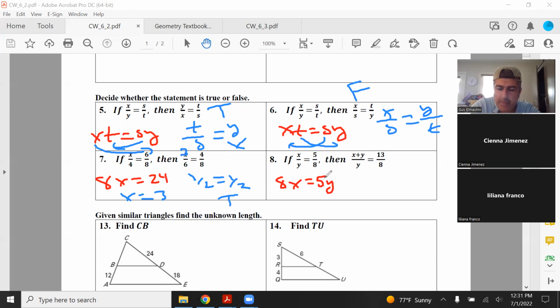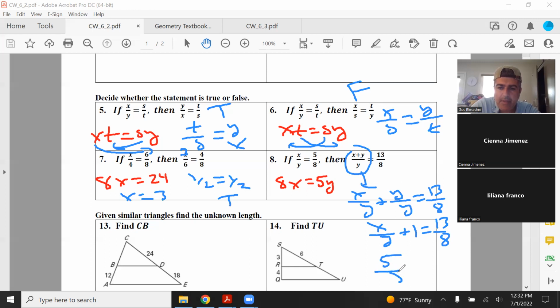Actually, I don't think cross multiplying really helped me too much for number 8. But if I were to rewrite like this, and x over y is 5 8ths, 5 8ths plus 1 does equal 13 8ths, because 1 is 8 over 8.